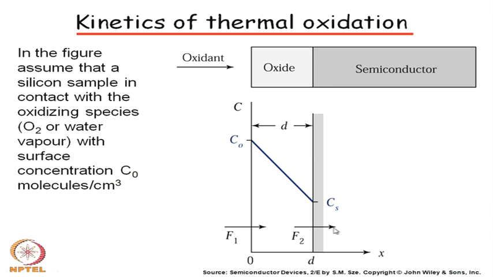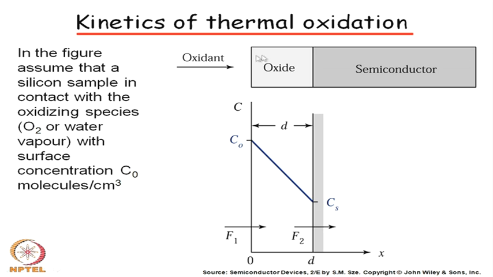So, we can calculate the fluxes F1 and F2, which will give us some insight about the kinetics of thermal oxidation. As mentioned earlier, let us consider that a thickness d of oxide is formed already, either by some other process, or there is already a presence of oxide with thickness d.